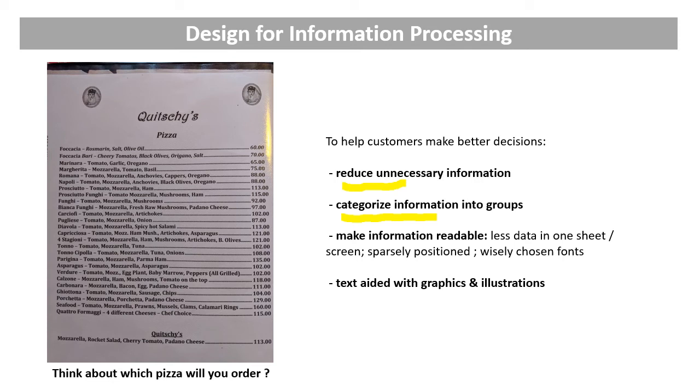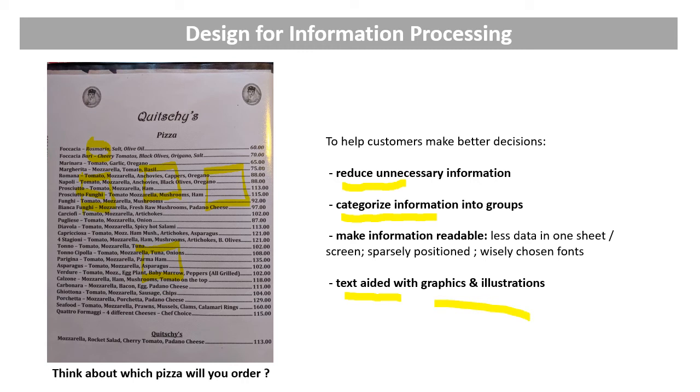Instead of information in one sheet being like this, instead of putting it down in a list, it can be something like this, right? So you have the name of the pizza, and also the description, and also a small picture here. Things like that. And text should be aided with graphics and illustrations, right?